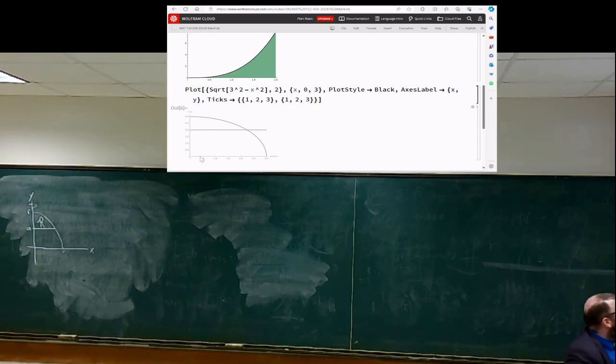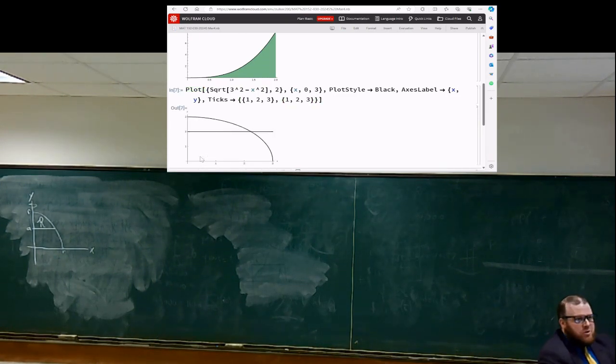Close them out. And now it's only going to show 1, 2, and 3 along the X and 1, 2, and 3 along the Y. Right, and again, adjust it however you want to adjust it. If you're working with trig, you can do multiples of pi over 4 or multiples of pi over 2, whatever you want, along the x-axis.